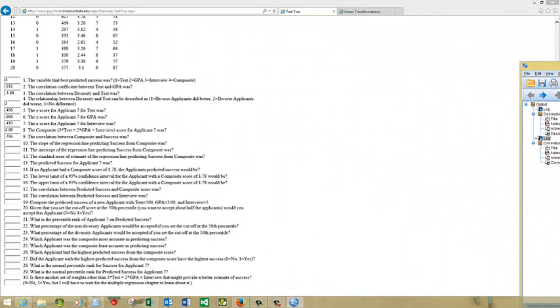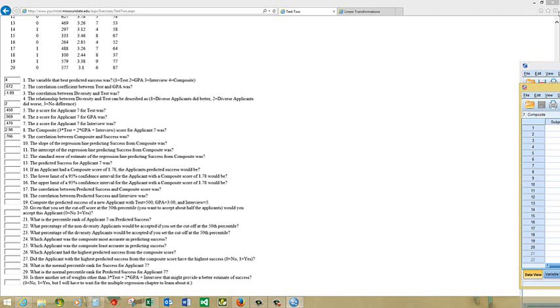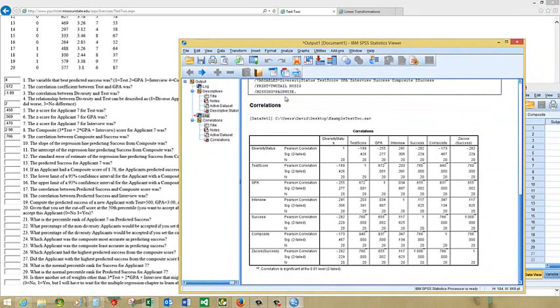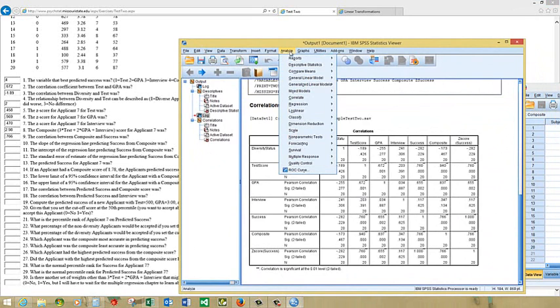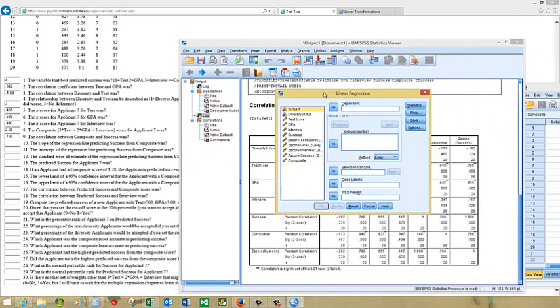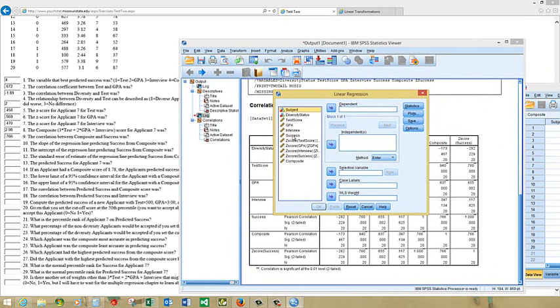All right, so now we're going to have to go back to our data. We're going to have to compute the regression line. We're going to predict success from composite, analyze, regression, linear. We're going to predict success from composite.